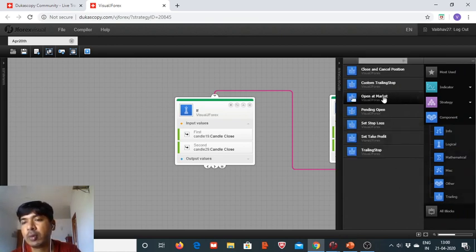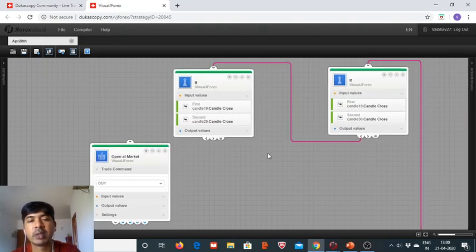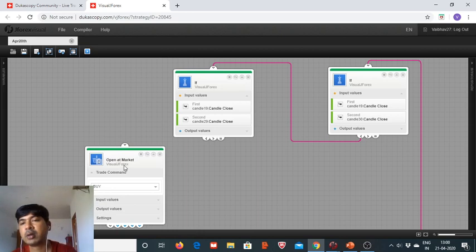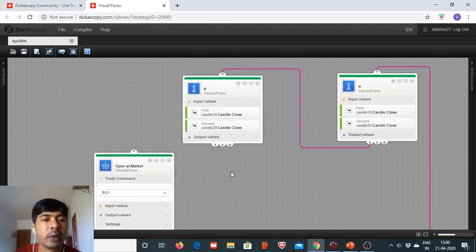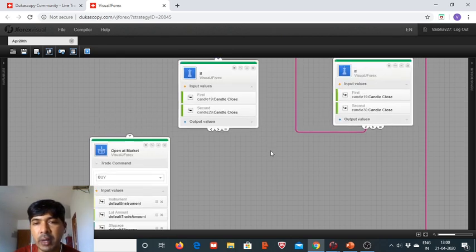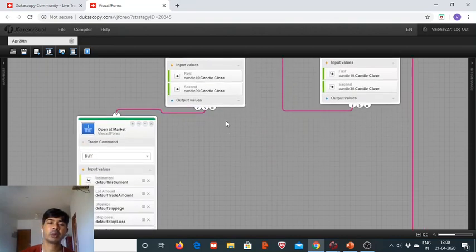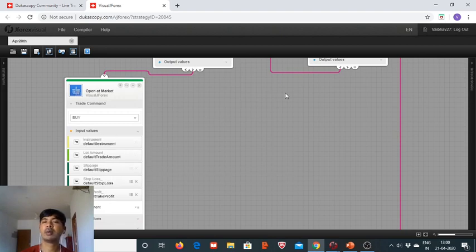So what we will do, we will simply take in market at open, and I will just connect it here to use it as a kind of marker, and we need the candle closing to have been greater than candle 19's closing value, and that means we are now pretty much close to the buy side setup.